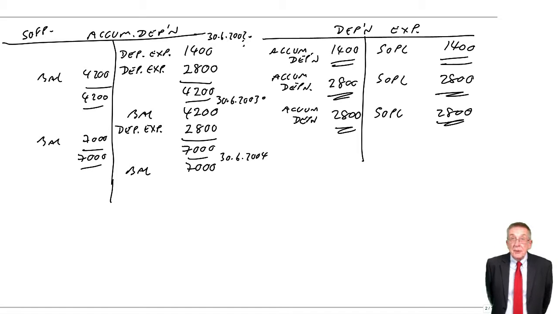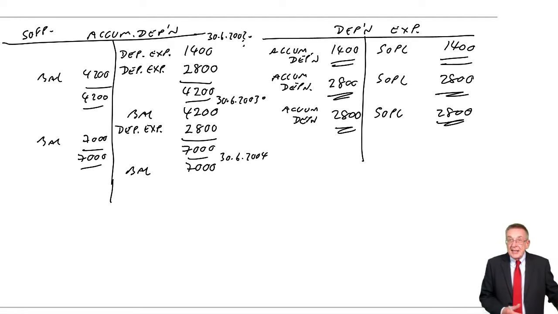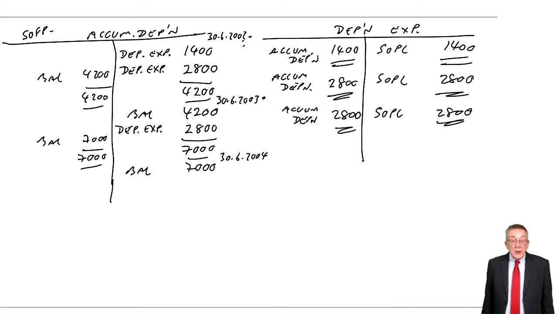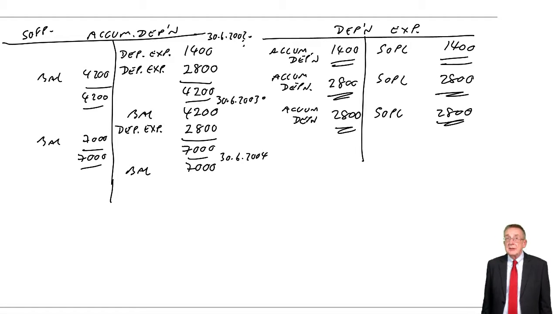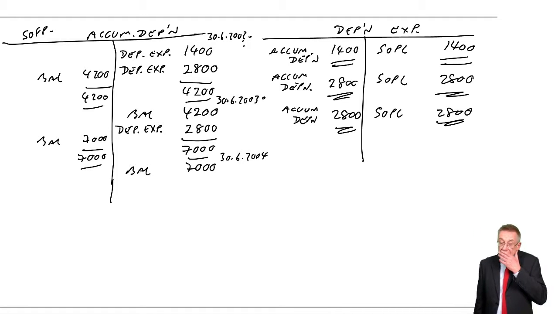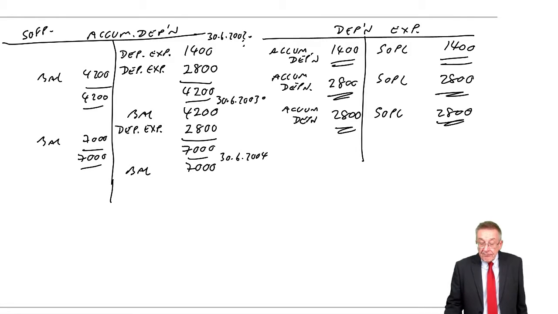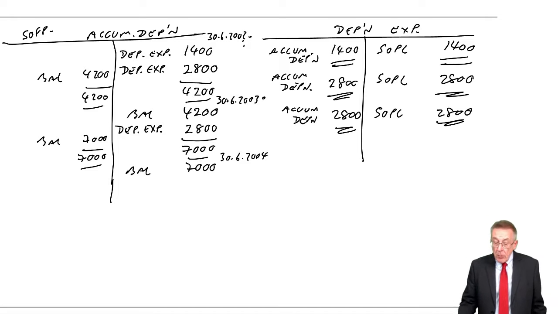In example 3, now that's the one we did in the last lecture, which is still on the screen, I did say keep your figures, make sure we can look back. In example 3, we sell the car on 30th of September 2004 for 6,500. Now check where we're up to here. In the previous example, we bought it on the 1st of January 2002 and we had it for 3 years.